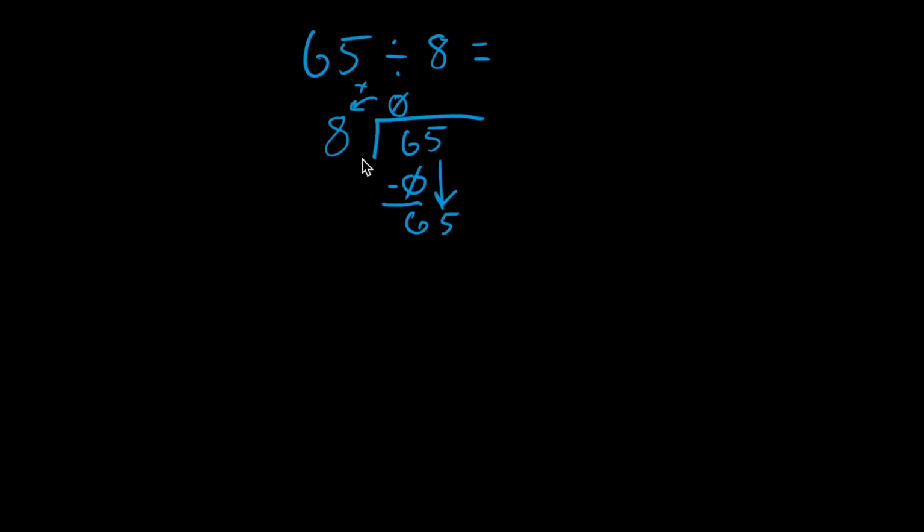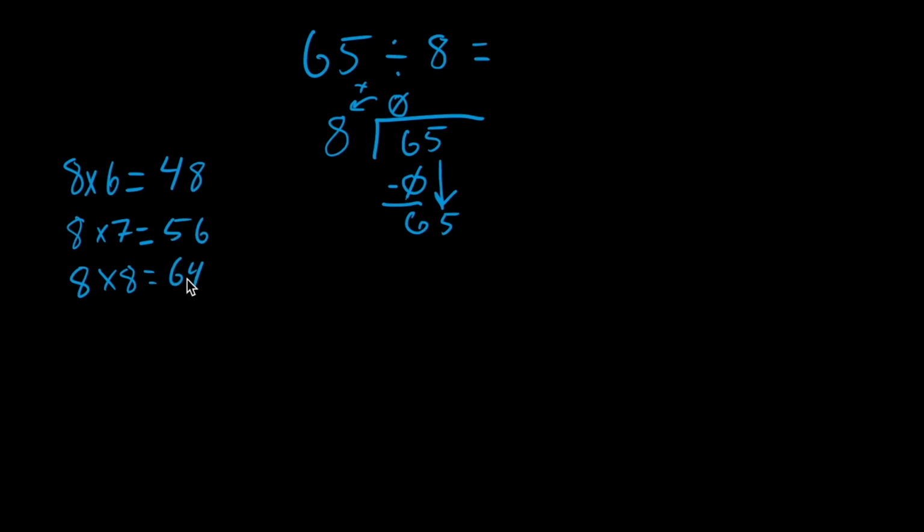How many times can 8 fit into 65? We'll have to do some multiplication here. So 8 times 6 is 48. That I do know. 8 times 7, that is 56. And 8 times 8 is 64. 64 is close enough to 65, so you can fit 8 into 65 8 times.